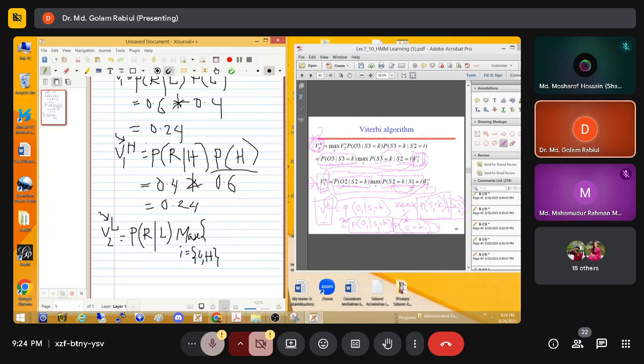If we consider I equal L first, then probability of state 2 equal K, where we have considered K equal L, low atmospheric pressure, given state 1 equal I, and I is also L, times V1 of I, where we have considered I equal L. This one.